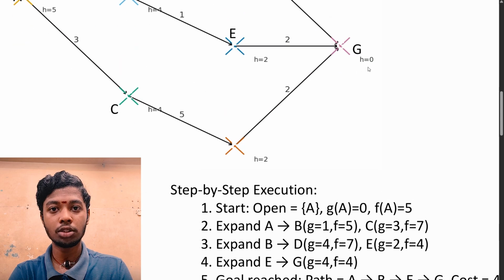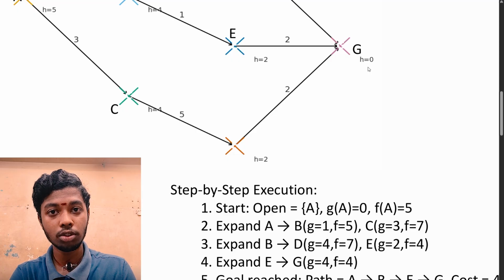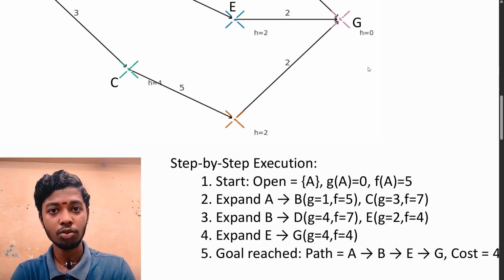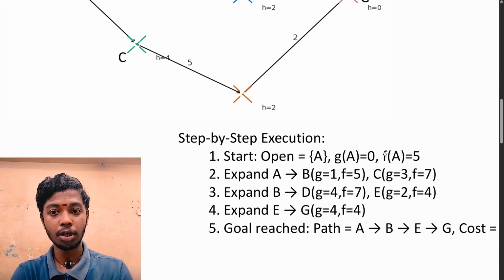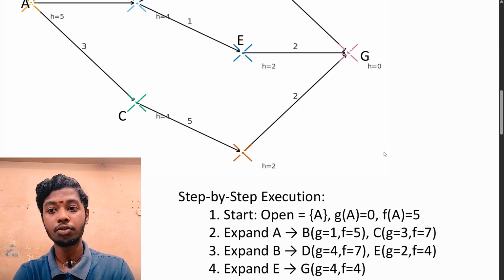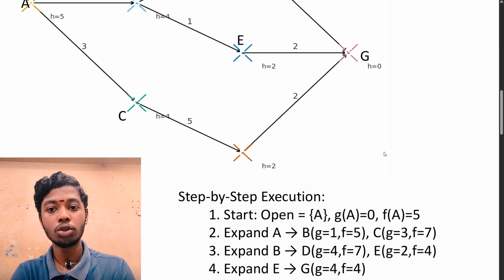So 4 plus 0, which is 4. The f of G value is 4, and G is the goal node we need. So the goal is reached, and we have achieved reaching the goal node with the shortest possible steps.